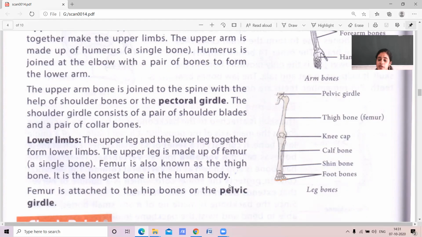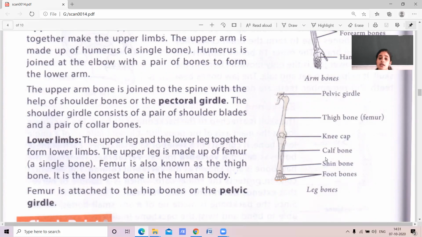The upper leg is made up of the femur, a single bone. In the picture we can see the femur. Femur is also known as the thigh bone. It is the longest bone in the human body. Femur is attached to the hip bone or the pelvic girdle, children.